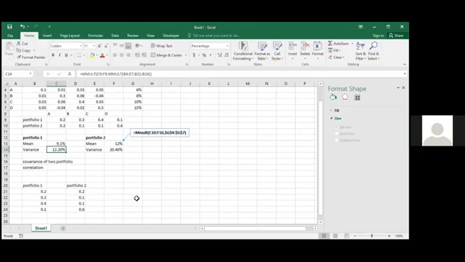MMULT C9 to F9, MMULT B4 to E7, B21 to B24. That is correct.